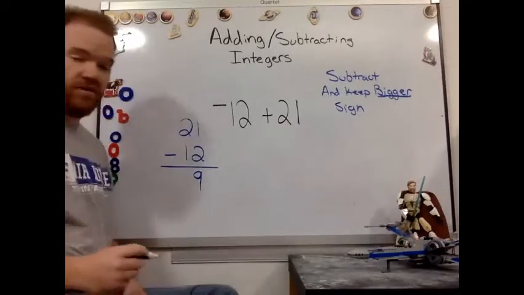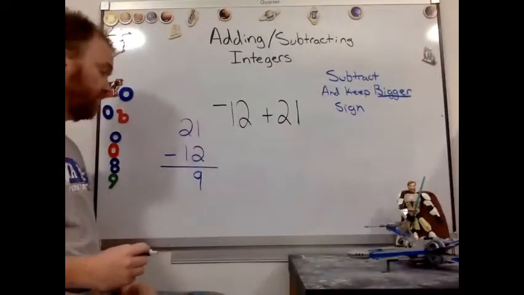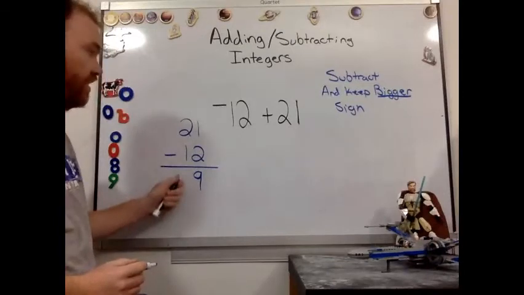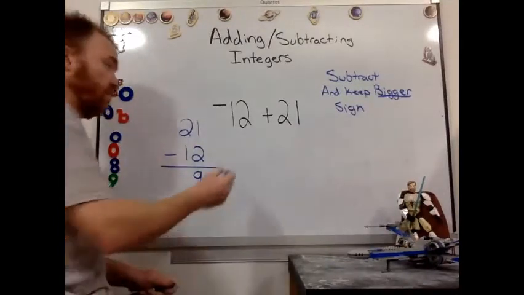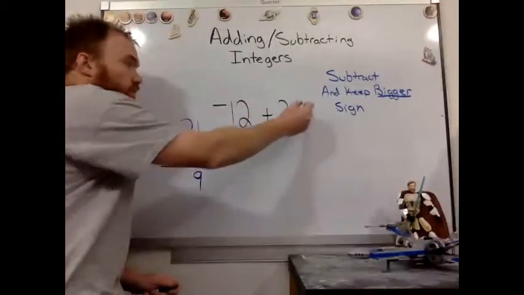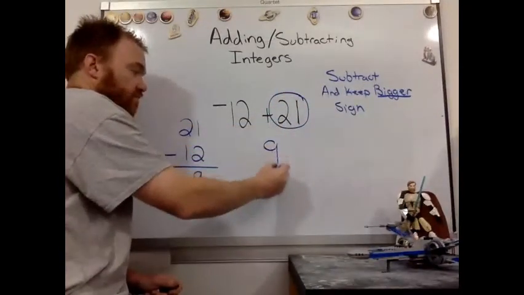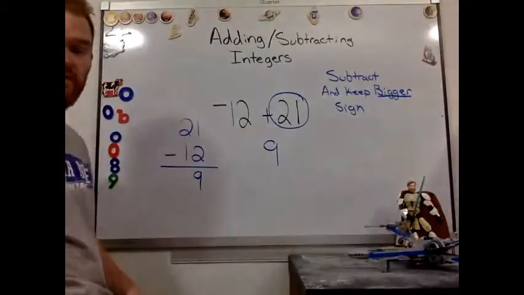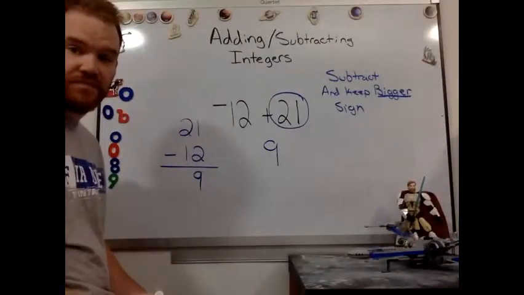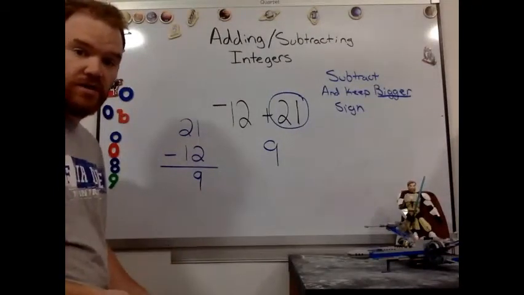Had a little brain moment there. Okay, 21 minus 12 is 9. I say, okay, what's bigger, the 12 or the 21? Well, 21's bigger, right? 21's positive, so my answer is positive 9. Good.